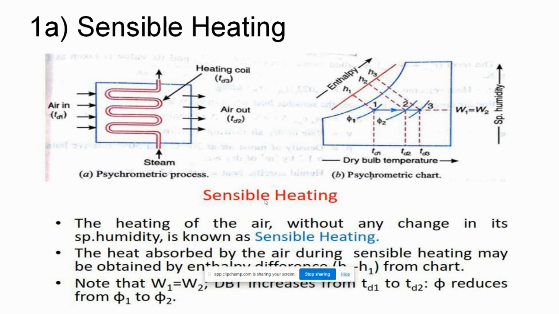So the first process we can see is sensible heating. It's just increasing the temperature of a stream without changing its humidity. It's called sensible heating.